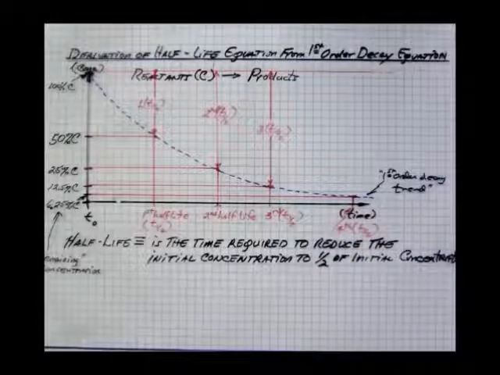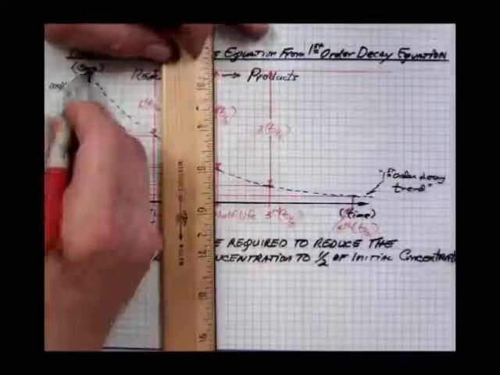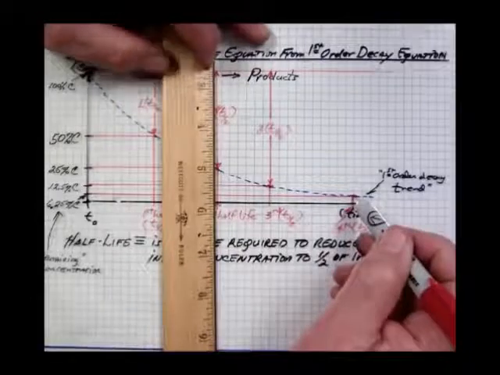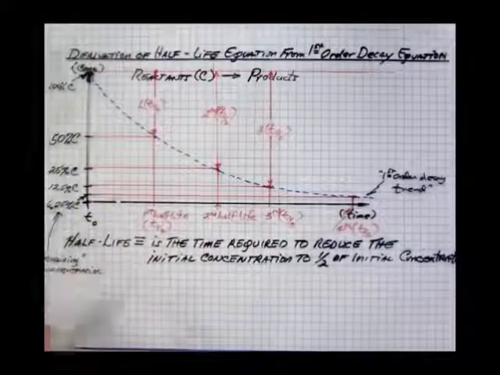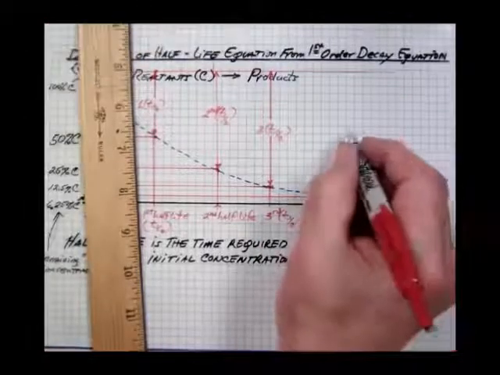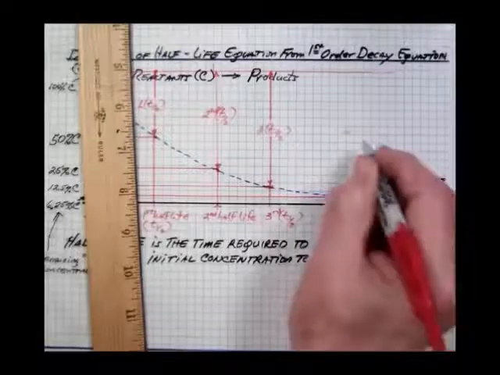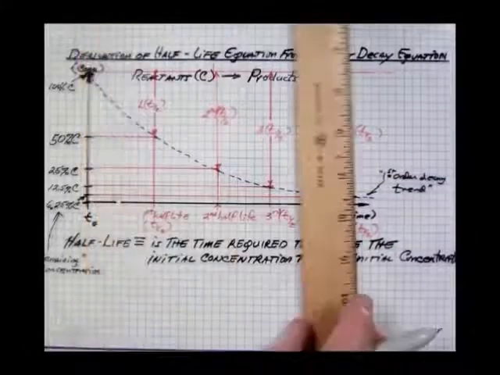The time it takes to decrease from the initial concentration of 100% to a position where 6.25% remains is this period of time. So that would go through 4 times t 1/2 there.